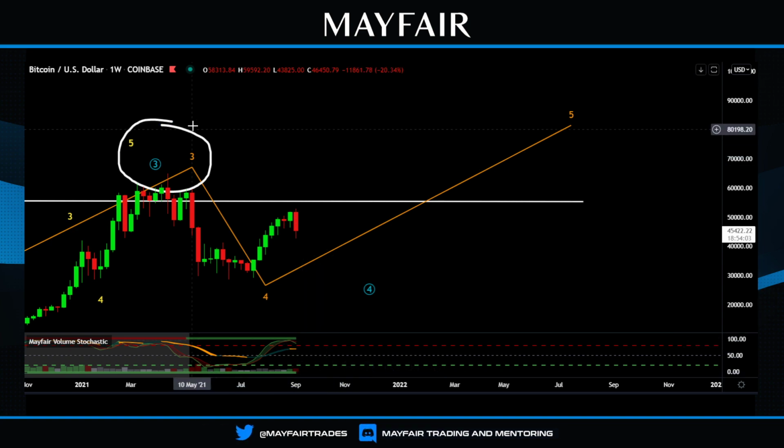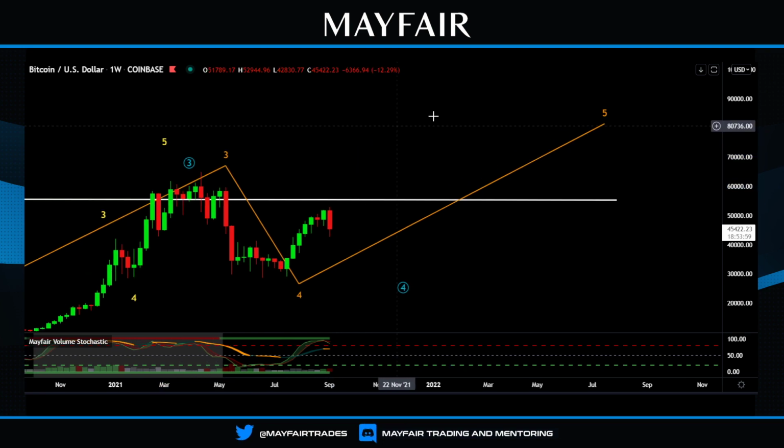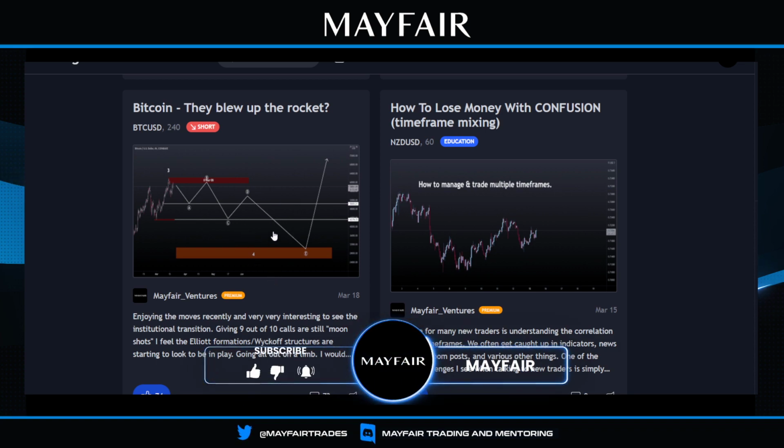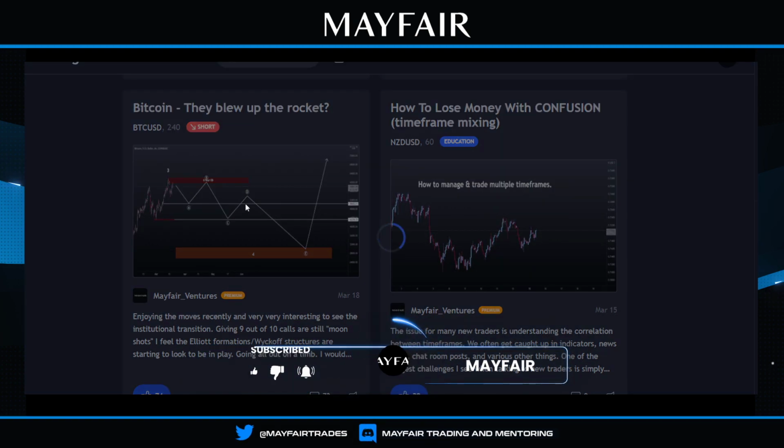And the reason I keep using this example is that it's pretty much textbook in terms of that bigger picture. So I'm just going to flip over to this and show. If you come to the 18th of March, you'll actually see on this particular one, they blew up the rocket post. You'll actually see the calls and the moves on this particular one when it loads.